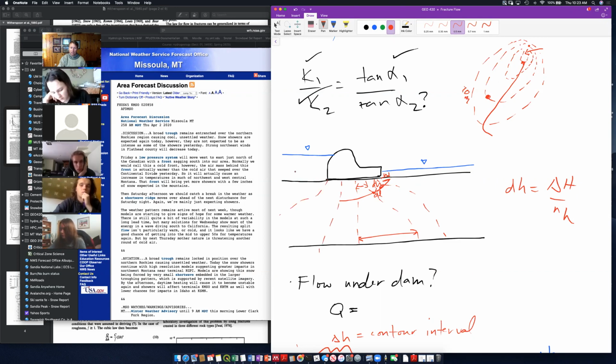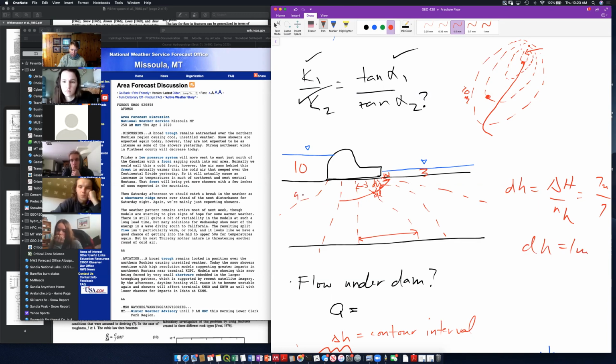Let's say the head here is, I don't care what it is, 10, and here it's 3. I've got 1, 2, 3, 4, 5, 6 drops. I'm going to put another one in so that it's 7. So my total head drop is 7 meters, and my number of contours is 7, so each contour is 1 meter.